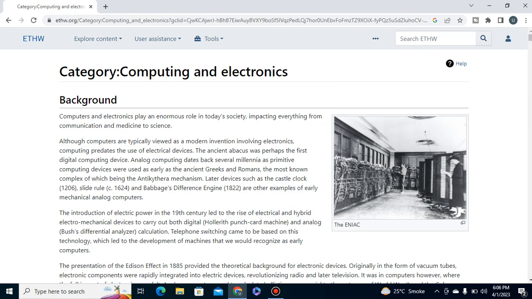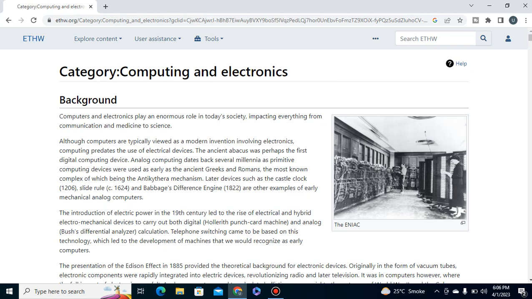Later devices such as the castle clock (1206), the slide rule (c. 1624), and Babbage's difference engine (1822) were other examples of early mechanical analog computers.